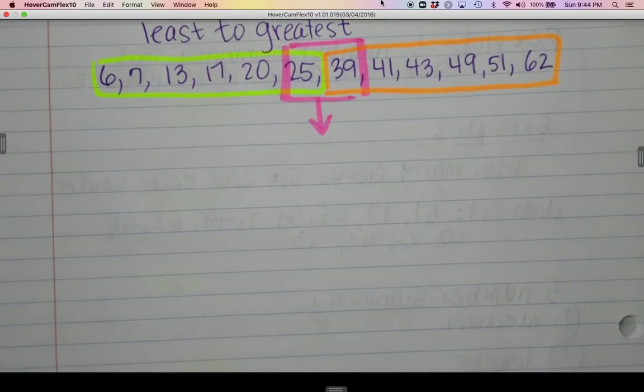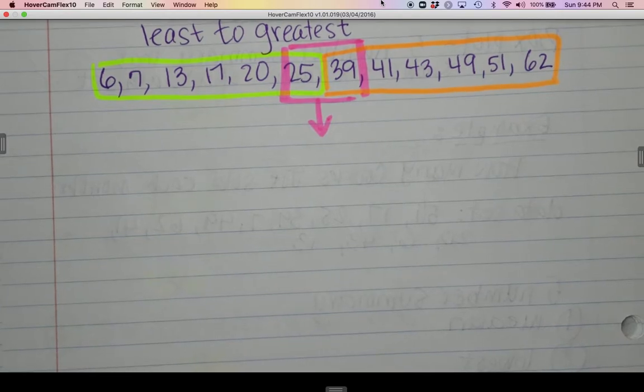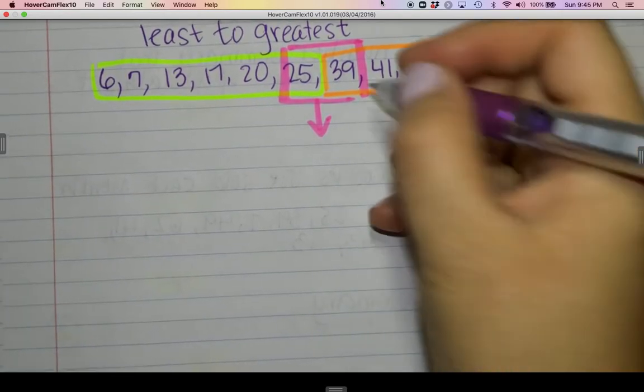These 2 are going to be my median. So we're going to add them together.